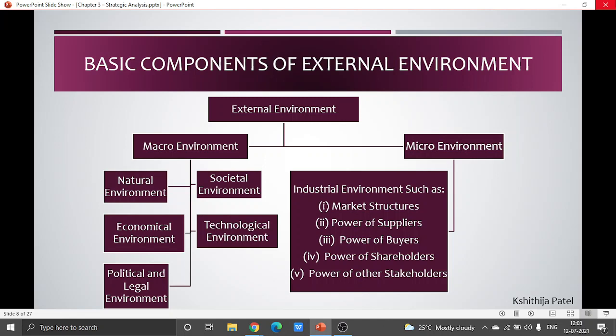And that is why it becomes necessary that the organization should carefully scan the external environment so that it can identify all these opportunities that it can make use of and all the threats that it has to face.